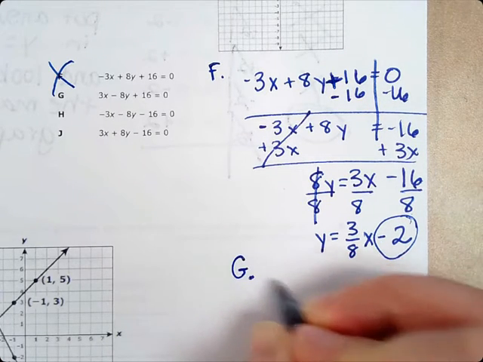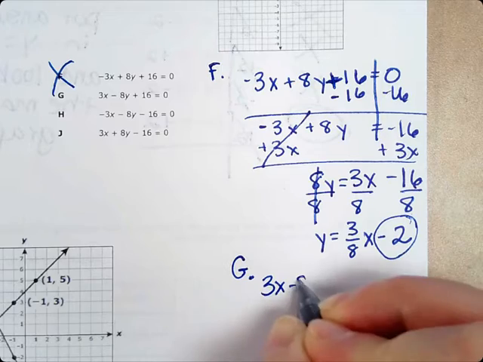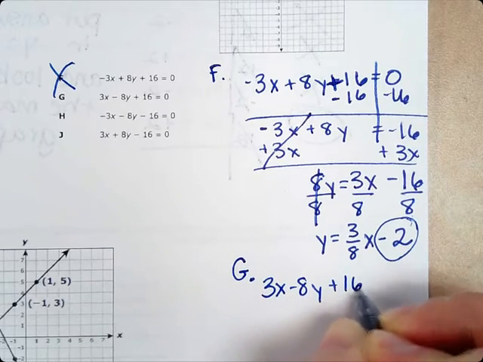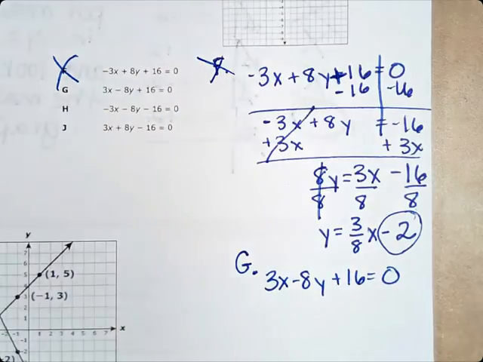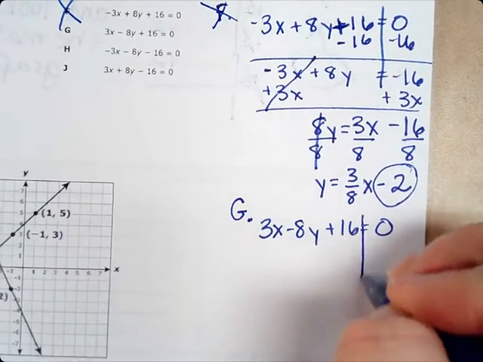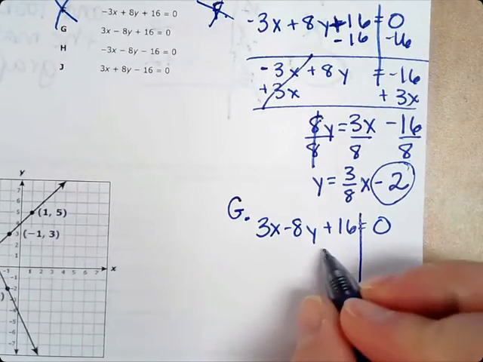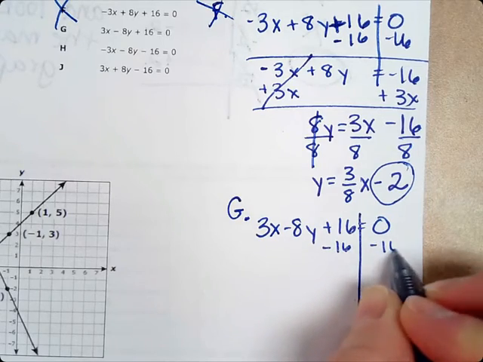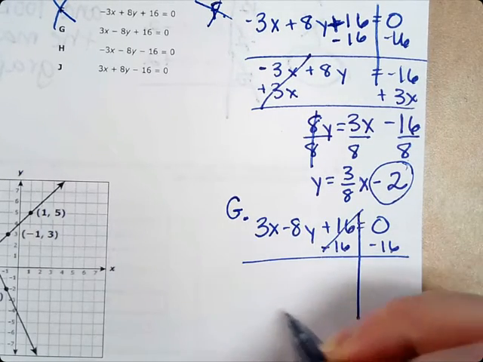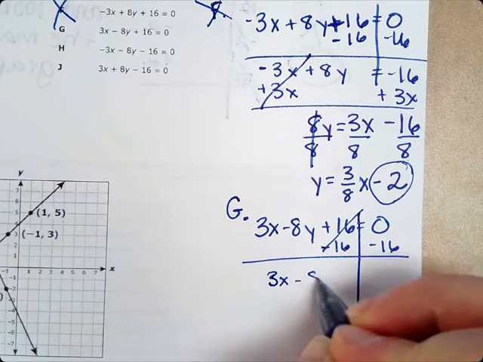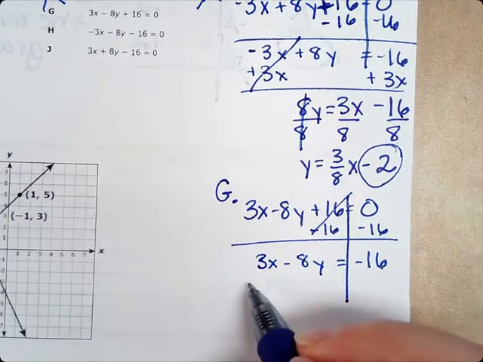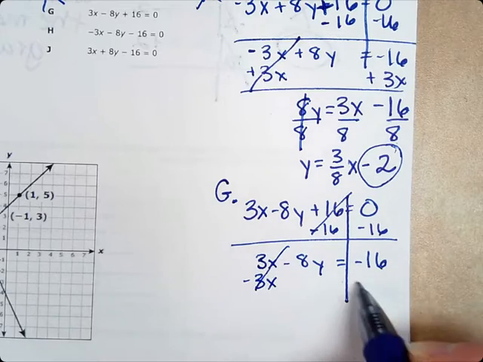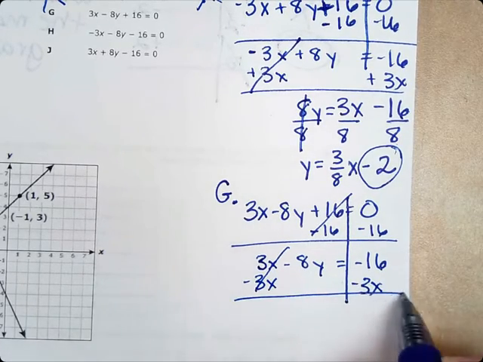Now you'll do g. 3x minus 8y plus 16 equals 0. Do the same thing. So subtract 16. 3x minus 8y equals negative 16. Minus 3x, minus 3x.